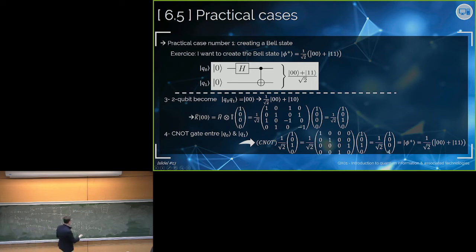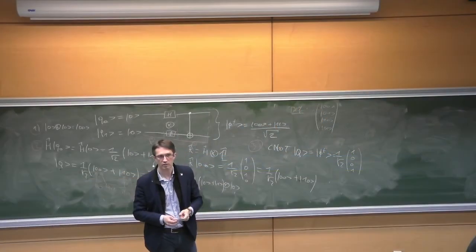And so then the third step is the control not onto that new state, which I have not CS, I did give a name, so it's Q. So onto Q. And that is going to give me the psi plus, which is 1 over square root of 2, 1, 0, 0, 1. And that 1, 0, 0, 1 is exactly what I wanted in the first place.